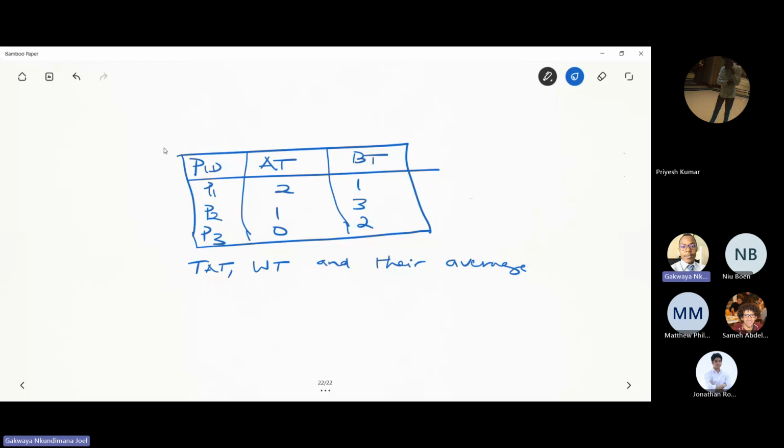Now it's going to be P3. Once you find P3, you write it along with its burst time. The rest of the processes, you consider the burst time.